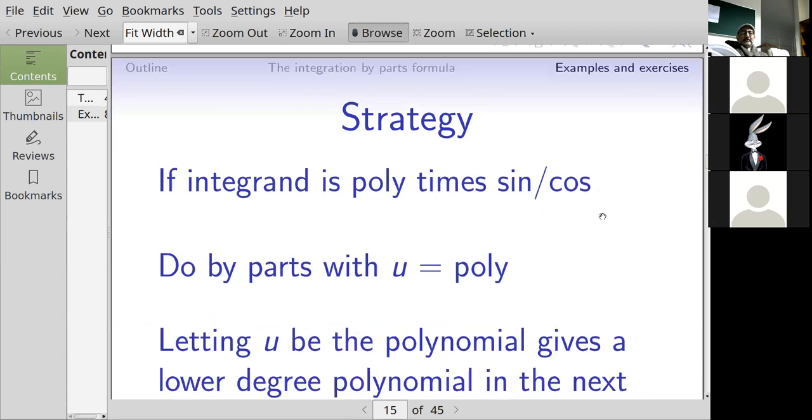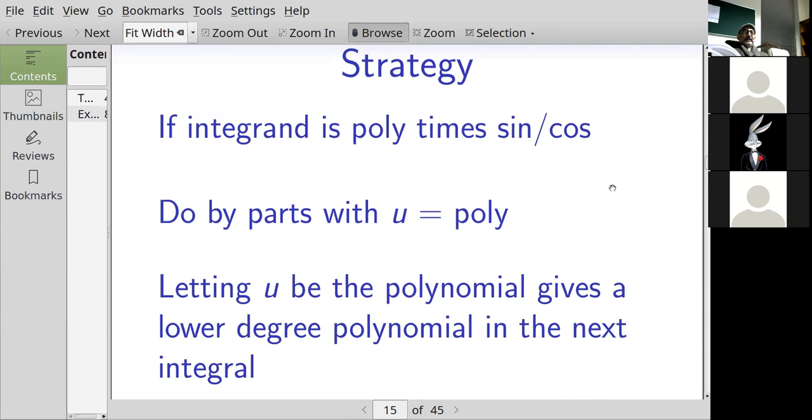So here's the strategy. Supposing I have a polynomial times a sine or a cos. If you decide to do integration by parts, let u be the polynomial part. Why? Because then when you evaluate du, you get another polynomial, but the degree of the polynomial has been reduced by 1.